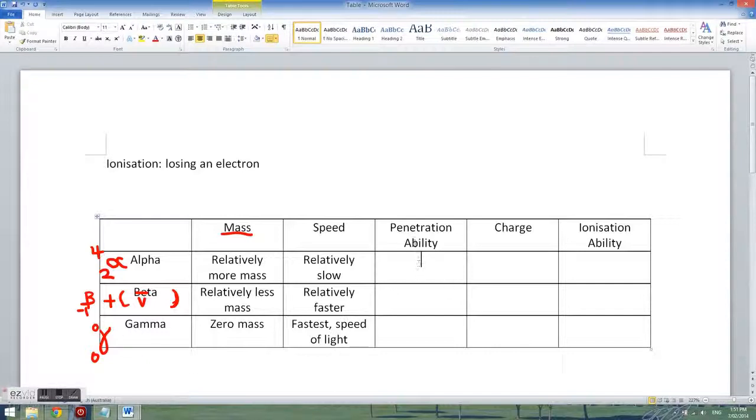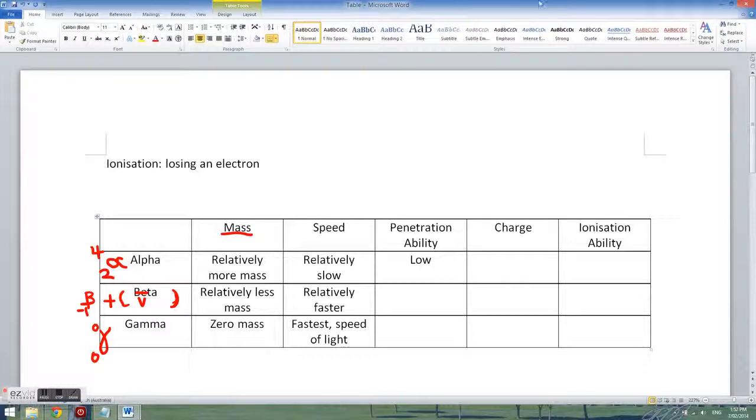Now, penetration ability. Let's compare the penetration ability of them. Your alpha particle has very low penetration ability.